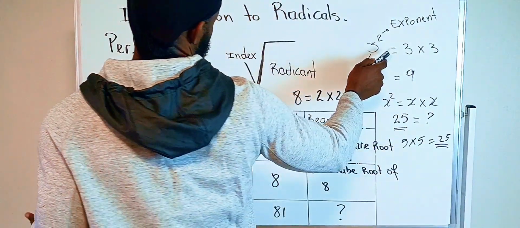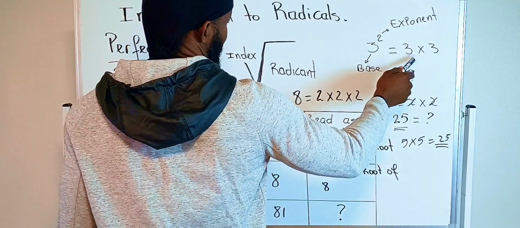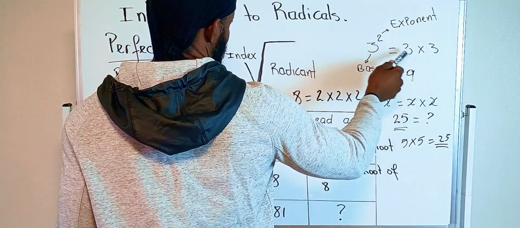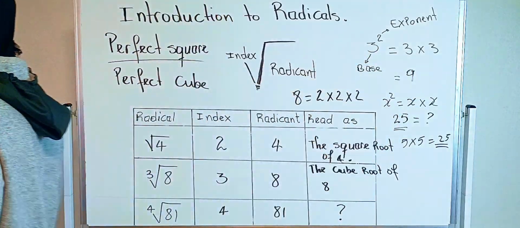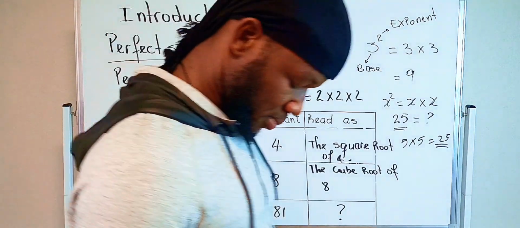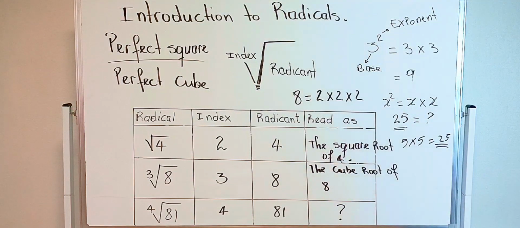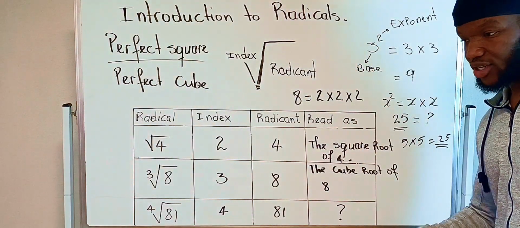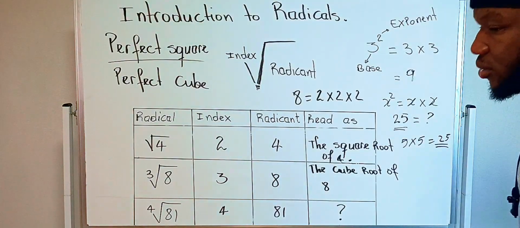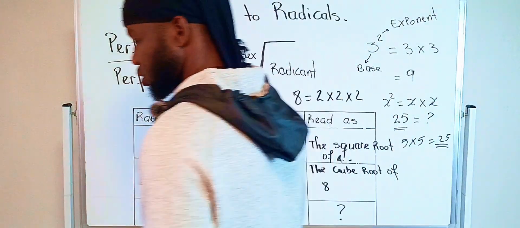So 3 to that power is written like this: 3 multiplied by 3, it's like multiplying the base by itself as many times as the exponent tells us to. This is how it works. I do this recall in order to bring up the perfect square and perfect cube for you, so you can understand it.